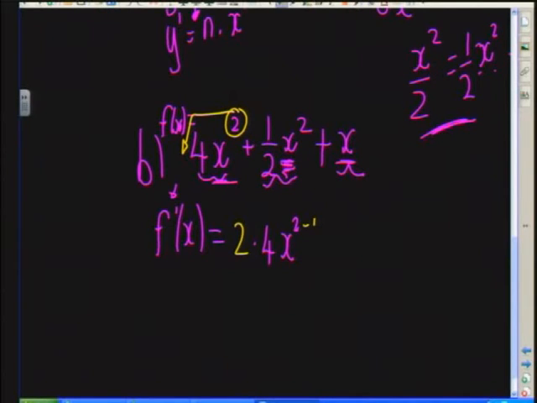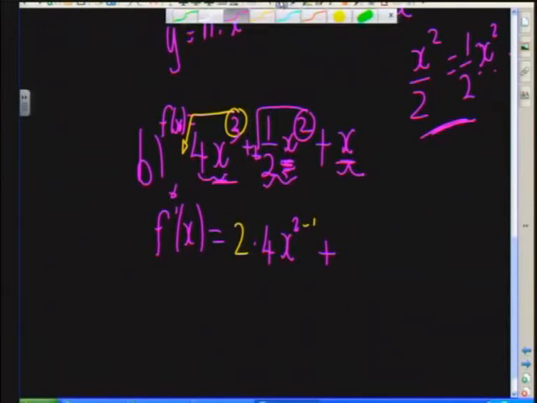Okay, so I'm just applying the rule, and I'm going to do that for every single term. So it's going to be plus, and then again I'm going to bring this 2 and multiply it to the half. All right, this was actually a cubed, guys. Sorry, my mistake. The question was originally a cube, and I just took it down incorrectly. So that's a 3, and that's a 3.